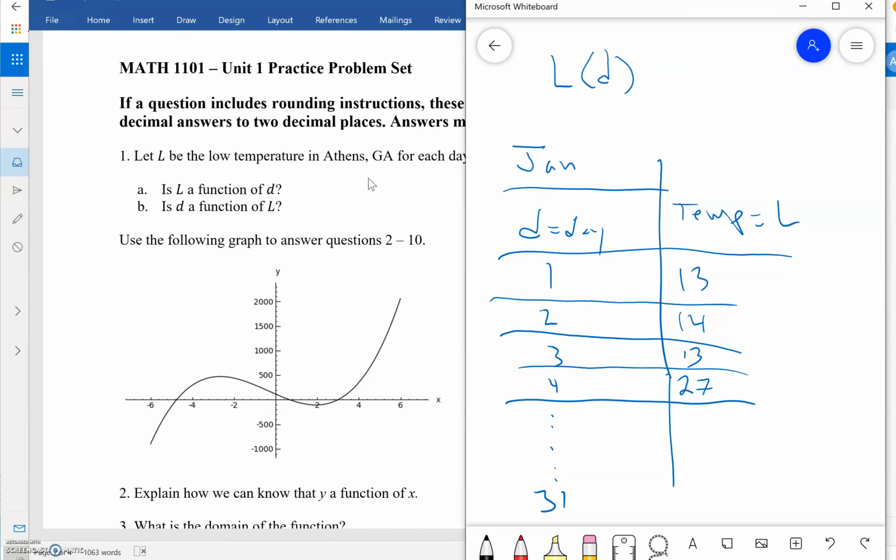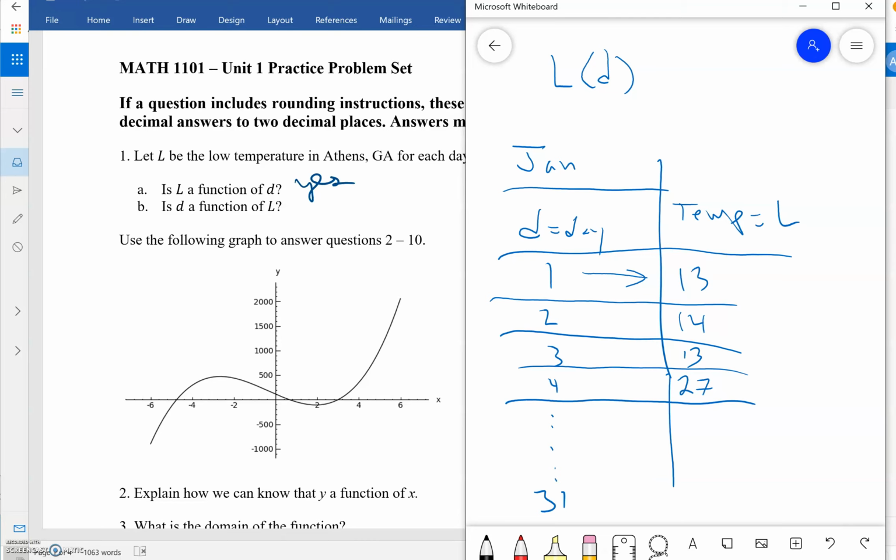You can't have on any given day more than one low temperature. You're never going to have, on New Year's Day, more than one low temp. If 13 is the low temp, then that's the only low temp for that day. So yes, we can have a function L of D.